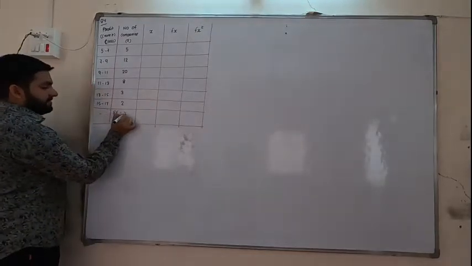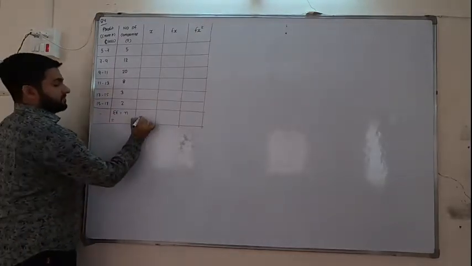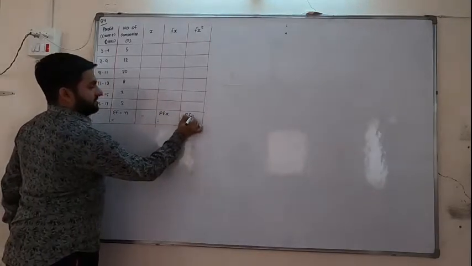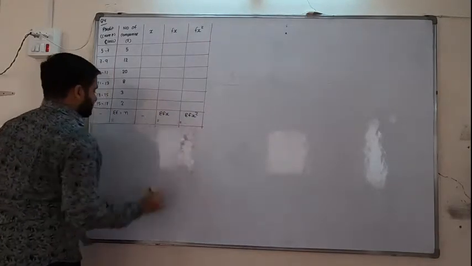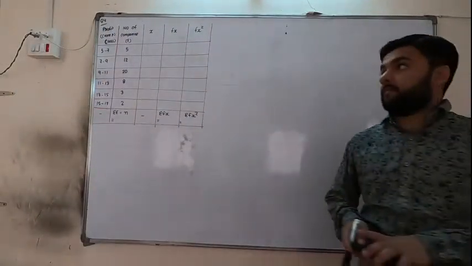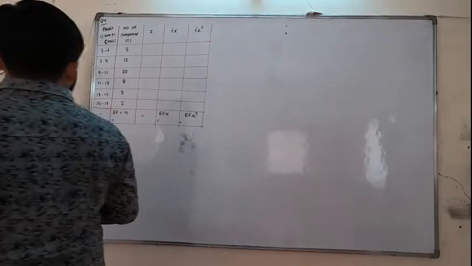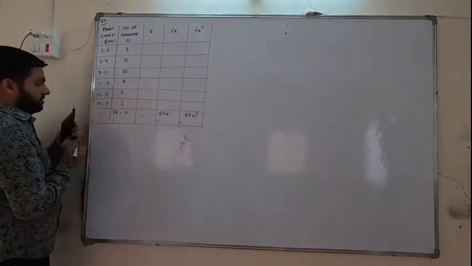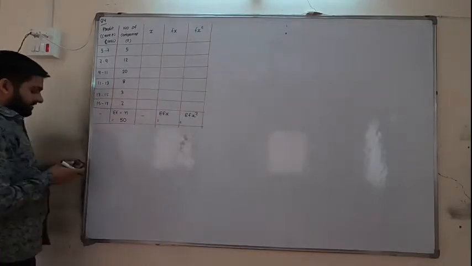Sigma f is equal to n, then sigma fx, then sigma fx square. 5, 12, 20, 8, 3, 2 add up to 50.